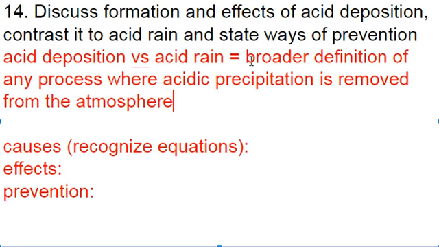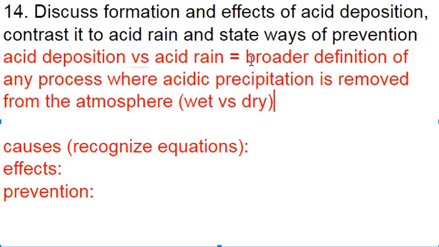So this can be rain or sleet or snow, but it can also be dry. So we talk about wet versus dry acid deposition. So what would dry acid deposition be? This would be like if you have dust or smoke settling out, maybe from a volcanic eruption or some kind of a fire, which ended up with an acidic component to it. So little bigger idea than just acid rain.